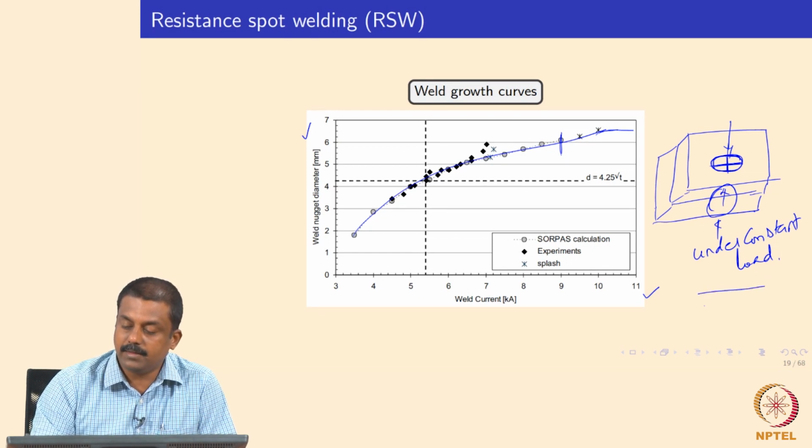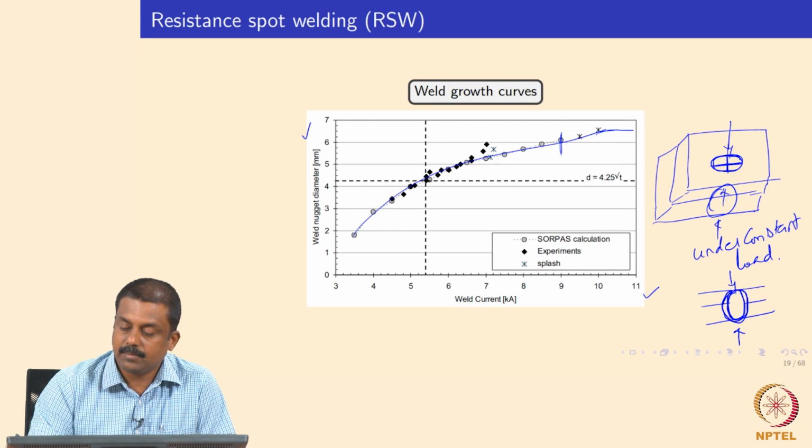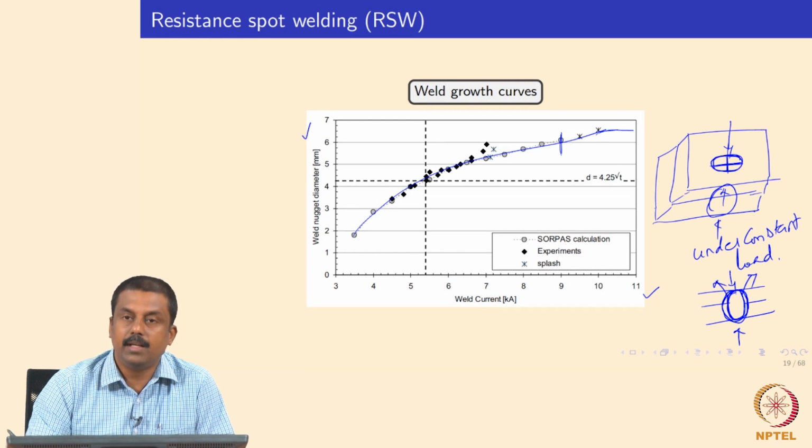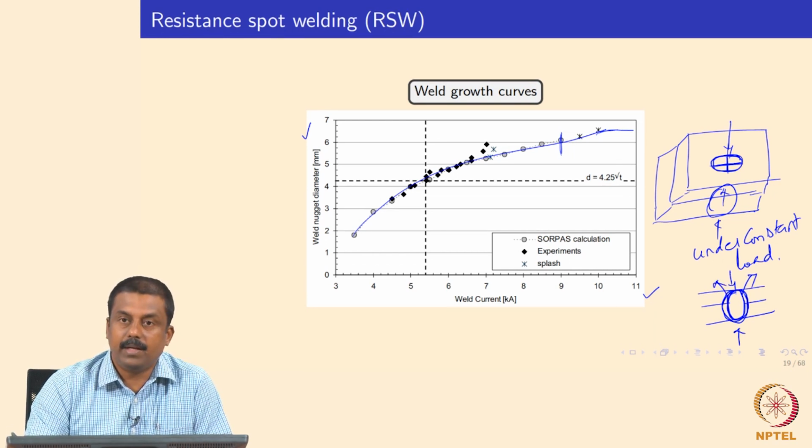If you look at the cross section, you form something like this, and you are applying a load, and if the diameter increases beyond a certain diameter, you would also expel the liquid material that is formed between these two electrodes.